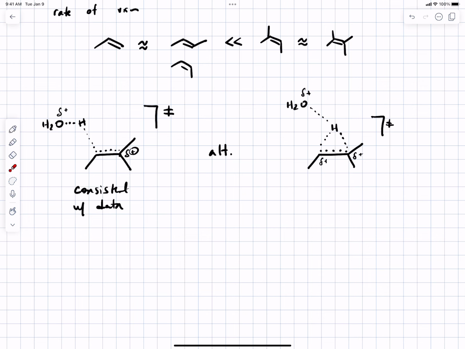This is why the trisubstituted olefin is so much faster than any of the disubstituted olefins, because as far as the transition state's concerned, a 1,2 disubstituted olefin is exactly the same as a monosubstituted olefin. There's only one substituent on the carbon that can bear the positive charge. Does that make sense? So this is evidence that you've got a localized carbocation in your transition state.